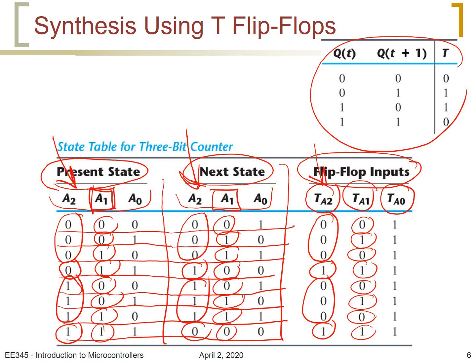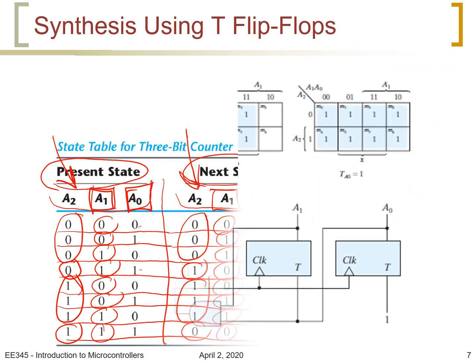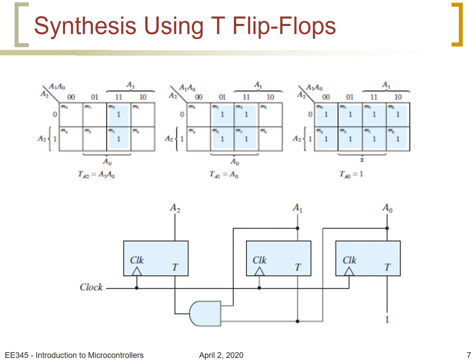And finally, TA0: we look at present A0 and next A0. And here we see that A0 goes from 0 to 1, 1 to 0, 0 to 1, 1 to 0, and so forth. Therefore, TA0 will always be 1. And from these values for TA2, TA1, TA0, we can again draw the Karnaugh maps. Here, for TA2, we have 2 1s.